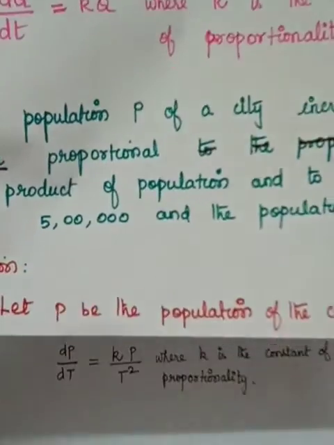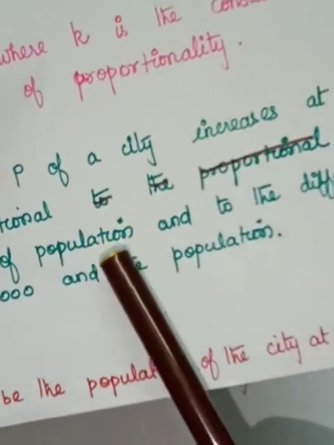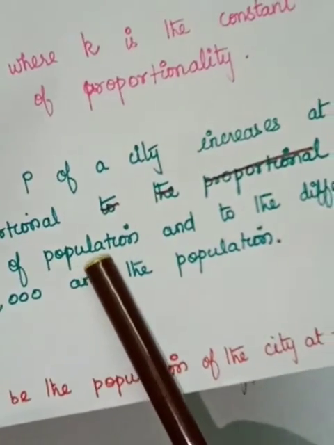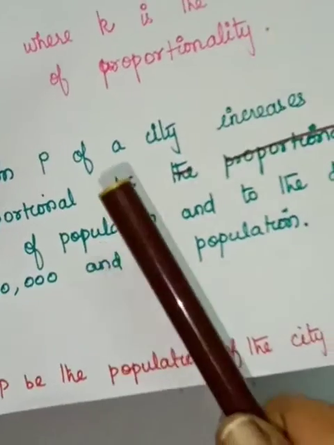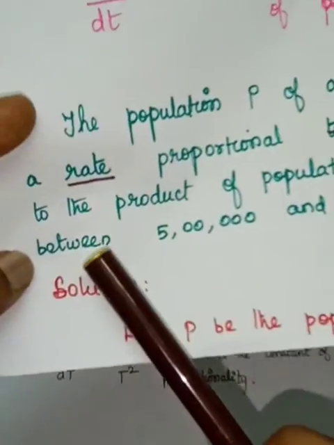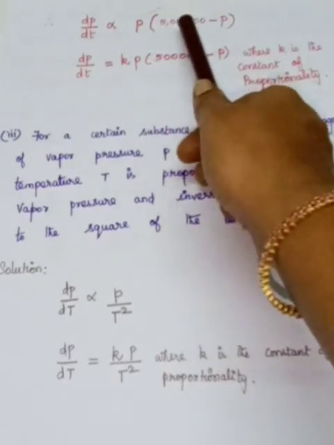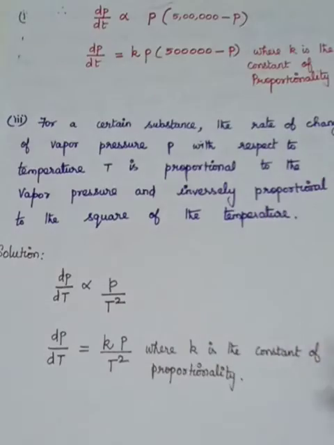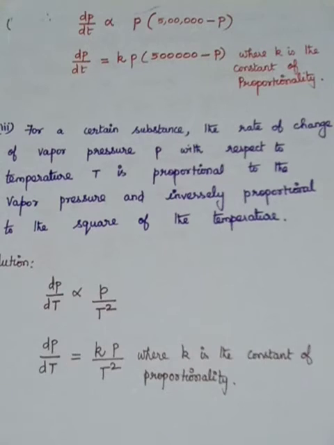So, product means two things you have to multiply. What is the first thing? The product of population. What is the population? It is denoted by the letter P. So, it is proportional to P and to the difference between 5 lakhs and the population. So, therefore, P into 5 lakhs minus P. So, the proportionality, if you remove, you will get one constant.